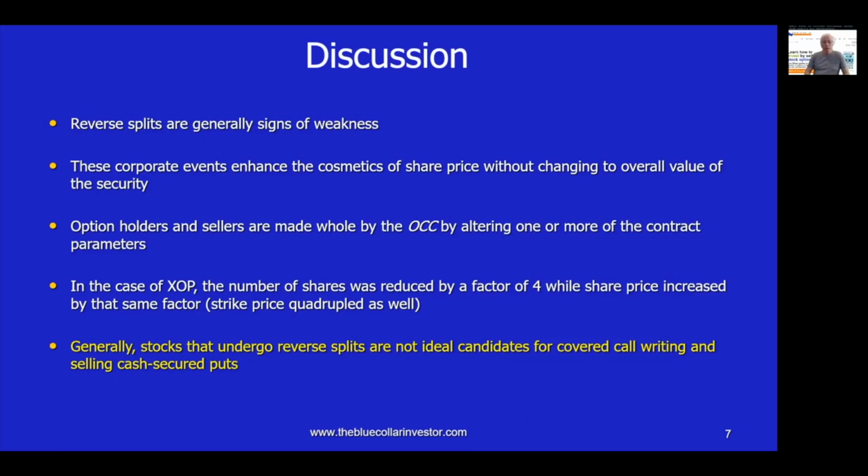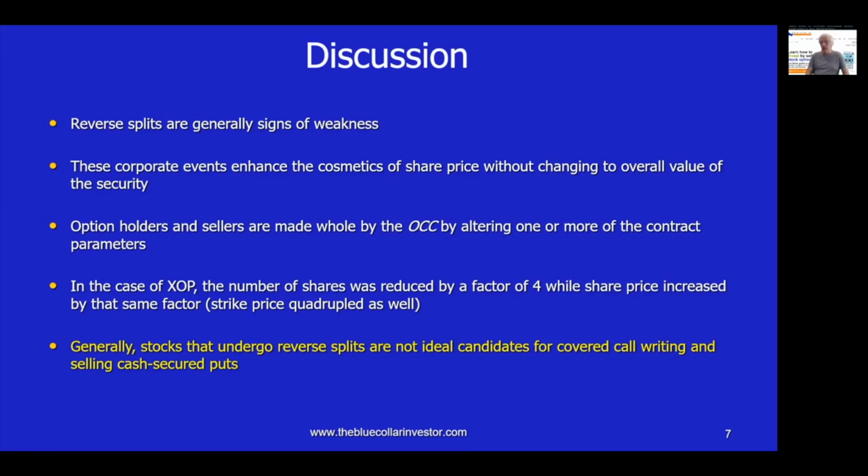Option sellers and buyers are made whole by the Options Clearing Corporation by altering one or more of the contract parameters. In the case of XOP, the number of shares were reduced by that factor of 4, while the price of the stock increased by that factor of 4. And for those holding options, the strike price is quadrupled as well.